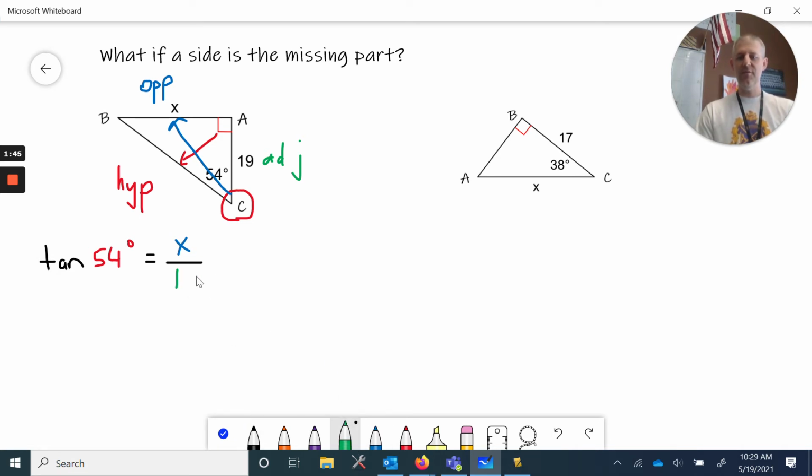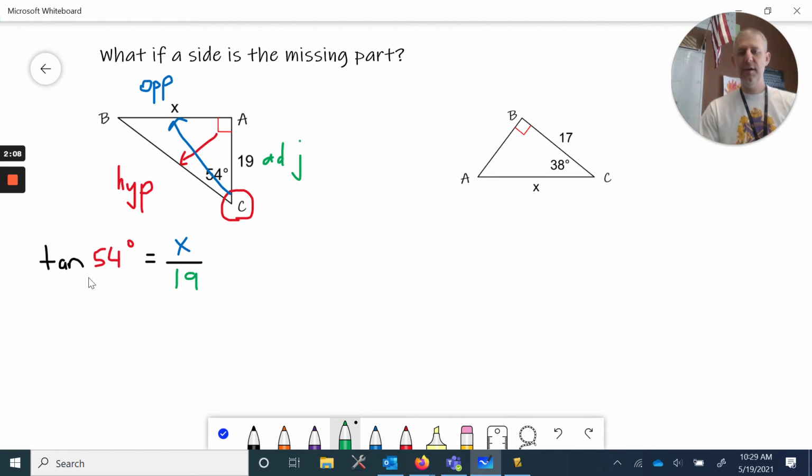You can see I'm using some color to help you see where stuff's coming from: reference angle, side, side. As you're thinking about trigonometry and this shift to finding sides, you've got the angle and the two sides. You have to know two of the three parts. Before, we knew two sides, the opposite and the adjacent, so we could find the angle. In this case, we know the angle and one of the sides, so we can find the side that's missing.